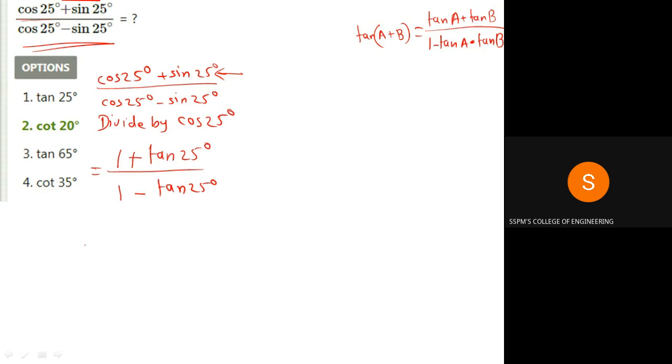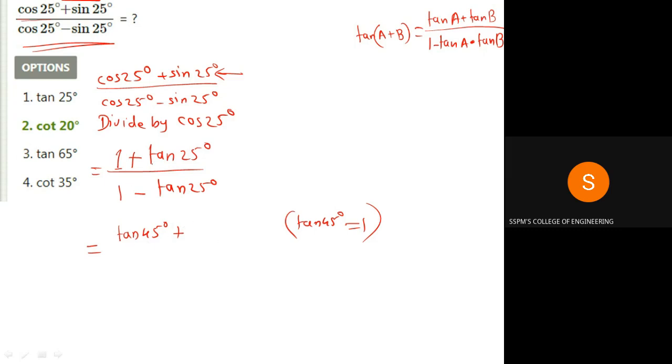Now you can see here it is 1. Instead of 1, we can write tan 45 degree. Why did we write this? Because tan 45 is equal to 1.